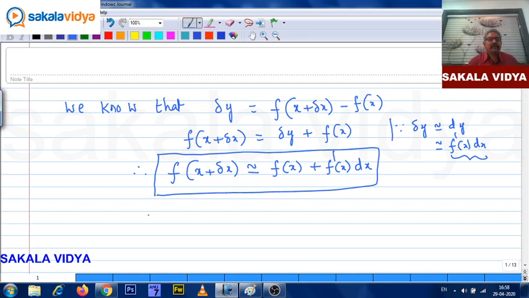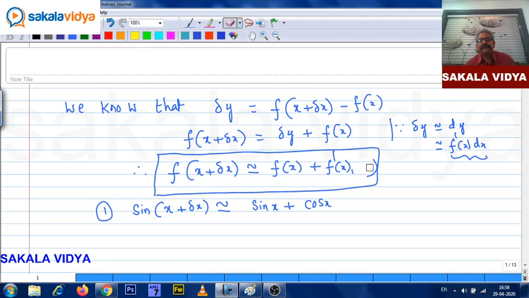Now here I will explain one by one. For example, if you want to find sin of x plus delta x, this is approximately equal to f of x, the sin x function, plus the sin x derivative, which is cos x, into delta x.